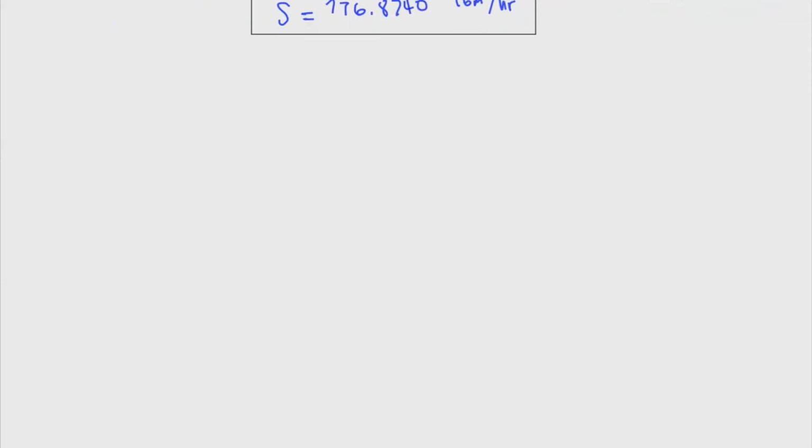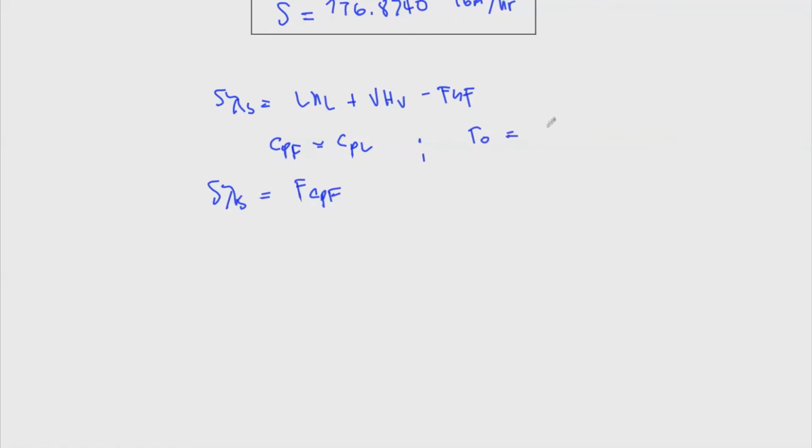So again, we start with S lambda S equals F HF, S lambda S equals LHL plus VHV minus FHF. And then after some time, using the fact that Cp of the feed is kind of equal to the Cp of the liquor, we can therefore say that S lambda S is equal to the feed and then the specific heat capacity, and then setting our datum temperature equal to the boiling or the vapor chest temperature.